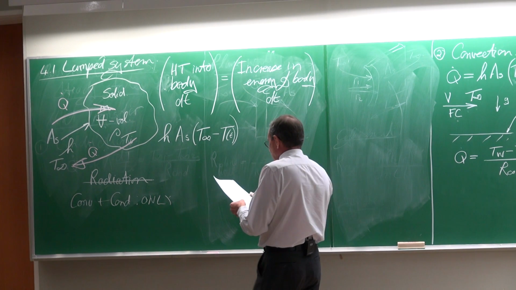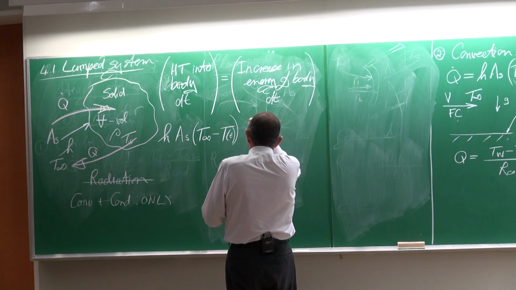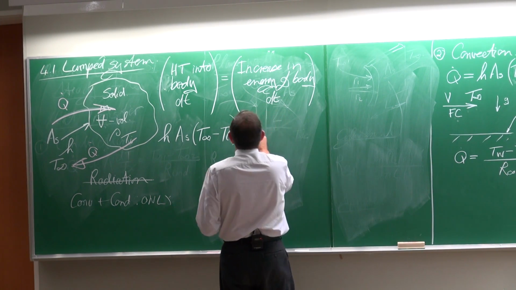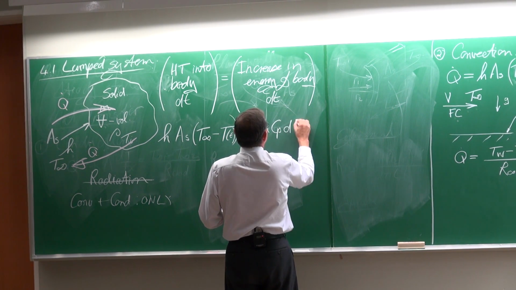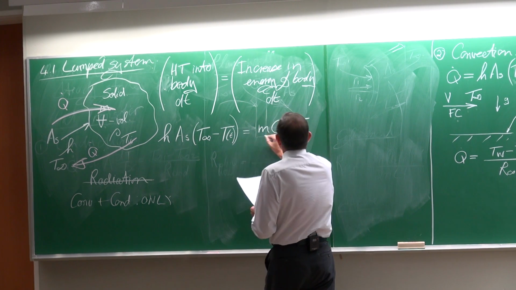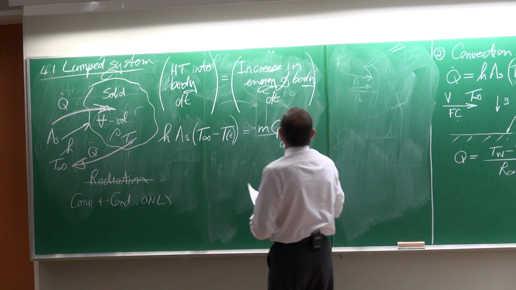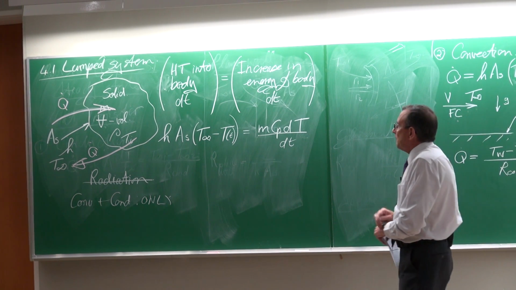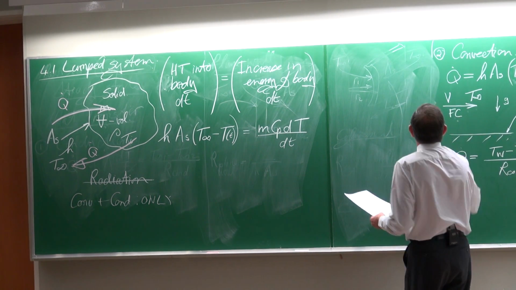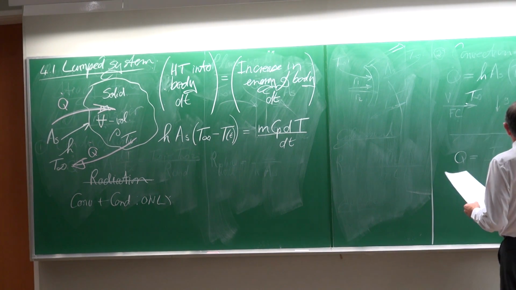The heat transfer coefficient multiplied by the surface multiplied by the temperature difference is equal to m Cp dT from your thermodynamics divided by dt. Does that make sense to you?